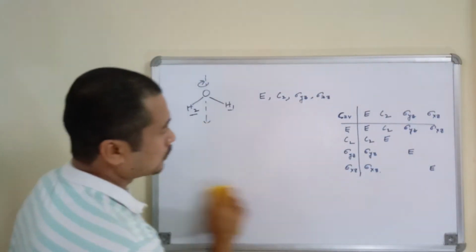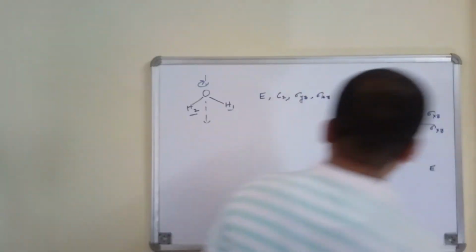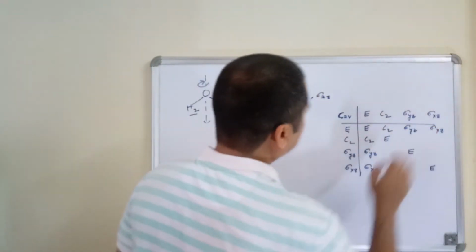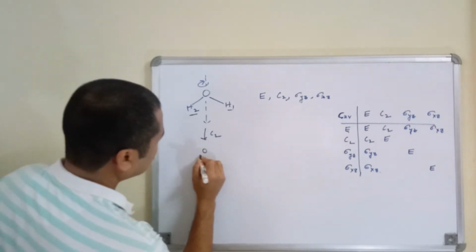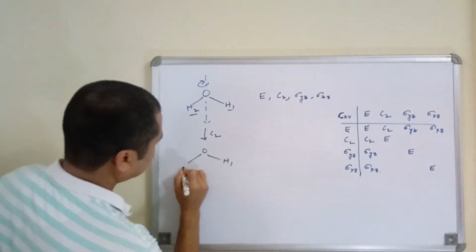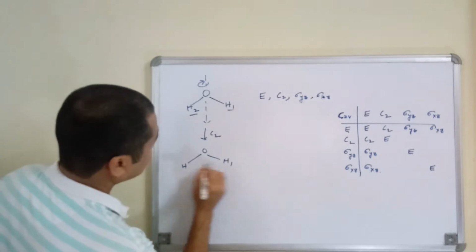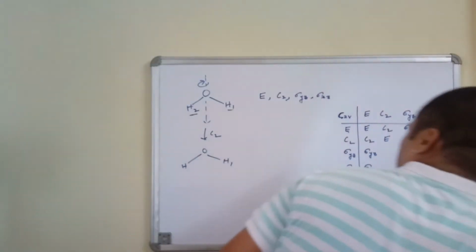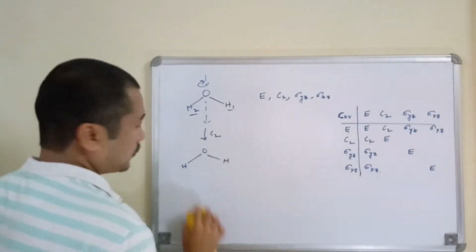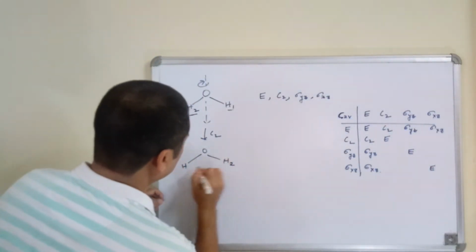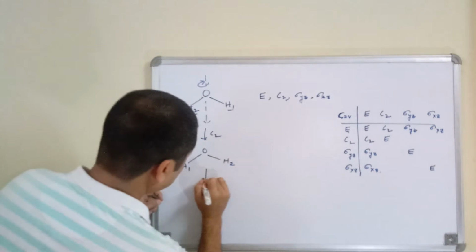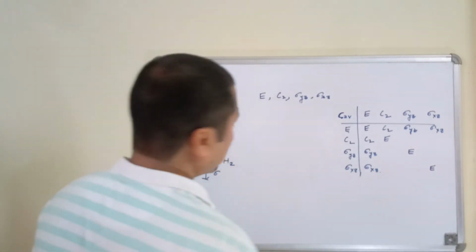So let us now begin with the first one, maybe C2 with sigma yz. So let us do C2. This is going to be 2 and this is going to be 1. Then let us do sigma yz.